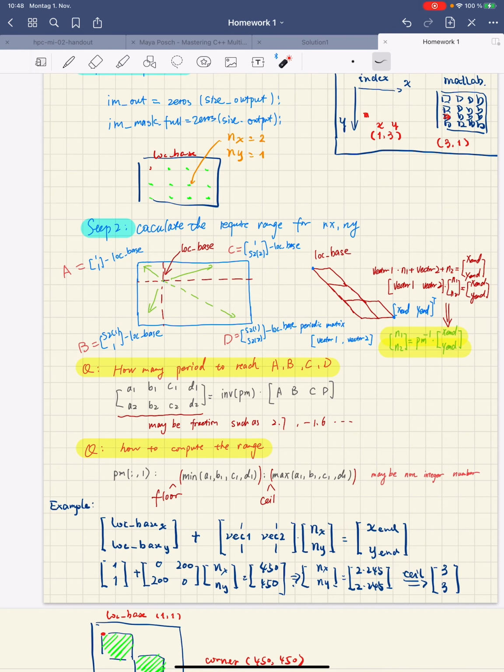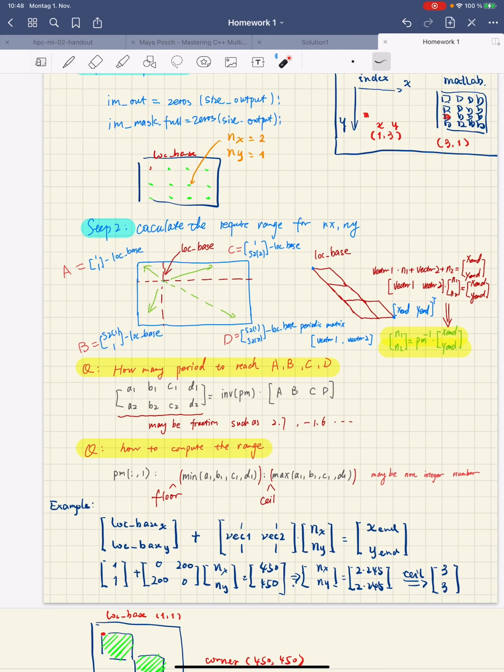So you will see here why we subtract this location base: it's because we put this to the right half. And with a little bit of MATLAB operations, this is basically the summary: floor and ceil, where floor is for the minus values and ceil is for the maximum values. Then we have the range.